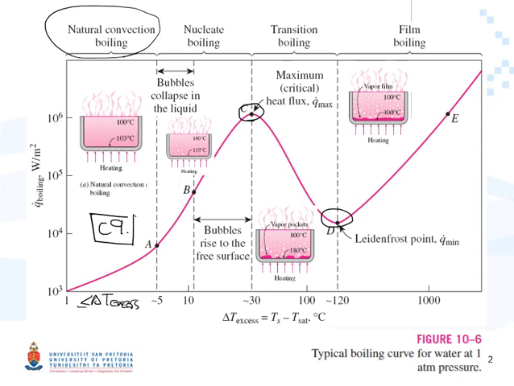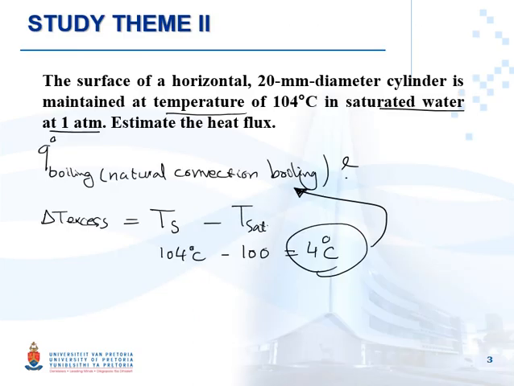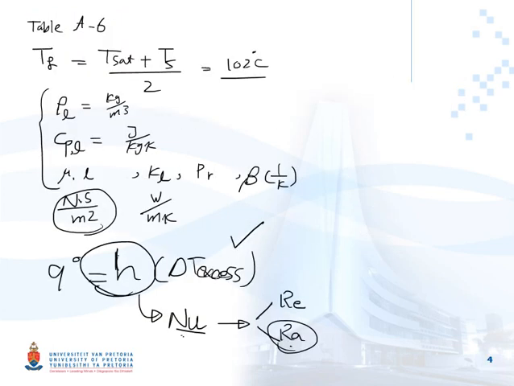It's convection heat transfer, based on the properties. There are correlations for Nusselt: you find Rayleigh, you find Nusselt, from Nusselt you find H. When you have H, you can easily calculate the heat flux.